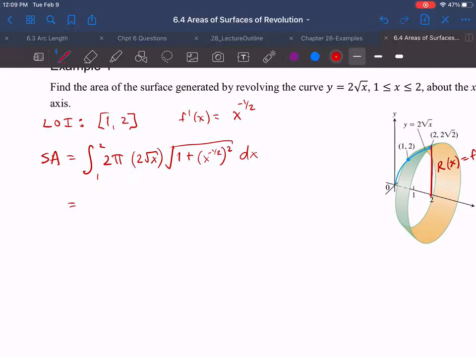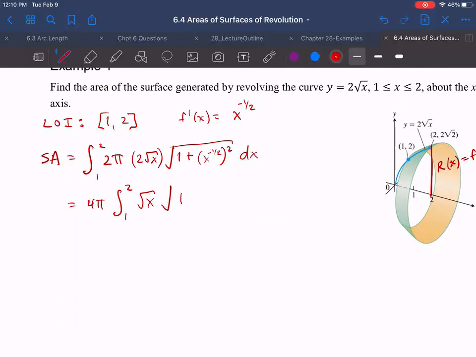Okay, and then it's just a matter of going through and doing this. So we can bring a 4 pi out front, integral from 1 to 2. We're going to have a square root of X, and then inside of here we have 1 over the square root of X squared, right? That's what that is.